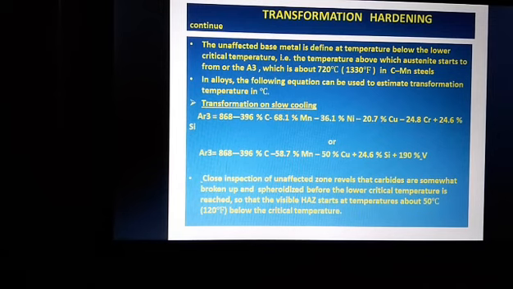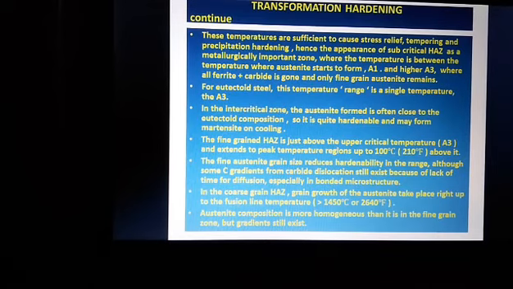The transformation on slow cooling equation is below. Close inspection of the unaffected zone reveals the carbides are somewhat broken up and spheroidized before the lower critical temperature is reached, so that this visible change has started at temperatures above 50 degrees centigrade below the critical temperature. These temperatures are sufficient to cause stress relief, tempering and precipitation hardening.